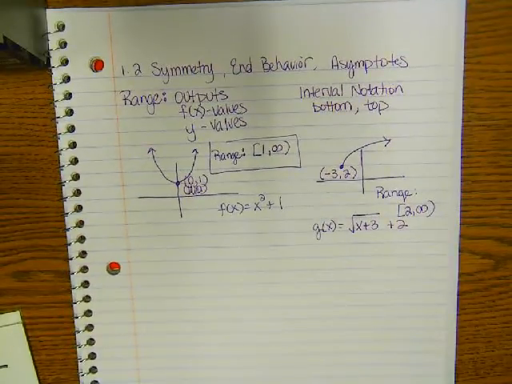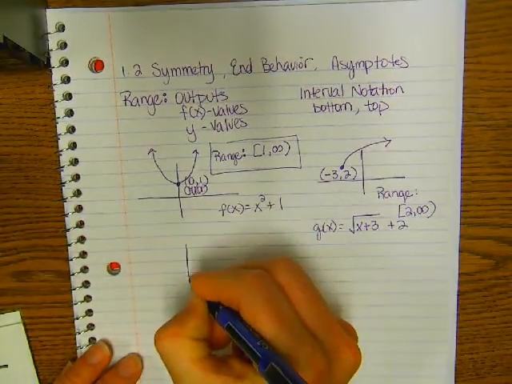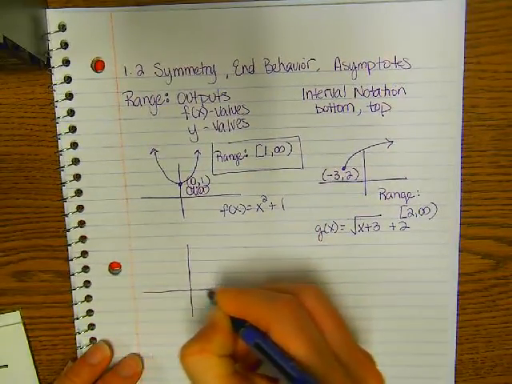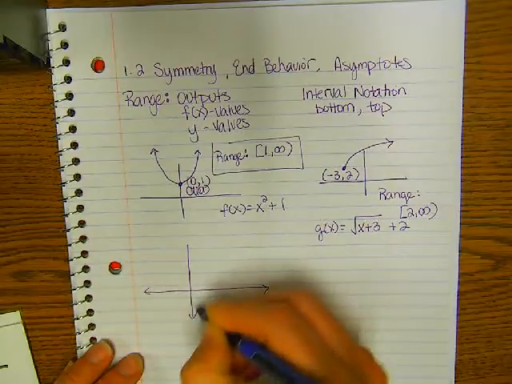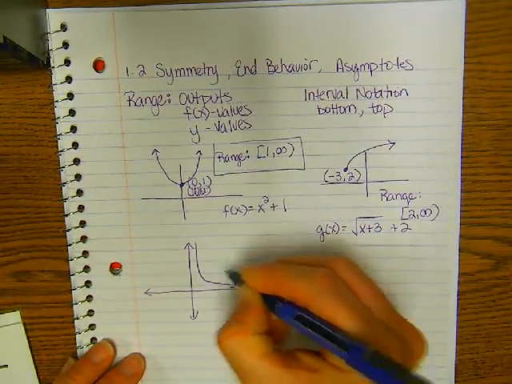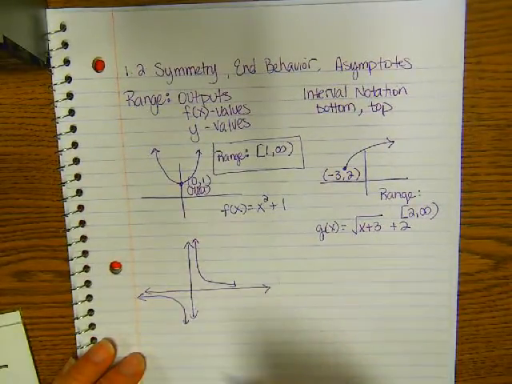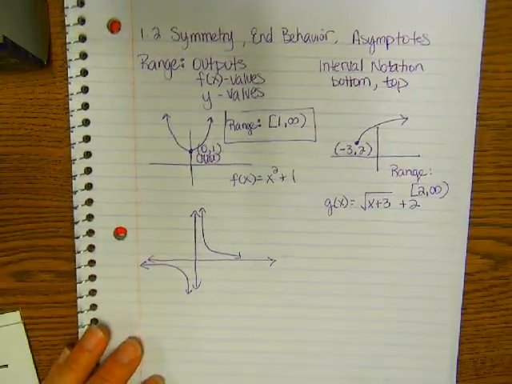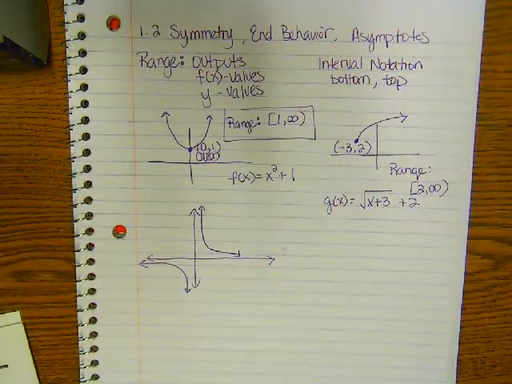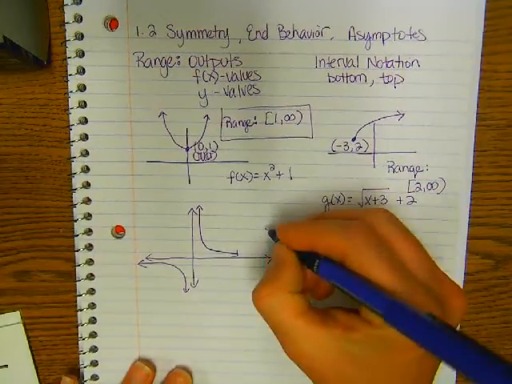Let's put one with a horizontal asymptote then. Okay. So, again, I'll put a function up for this too.